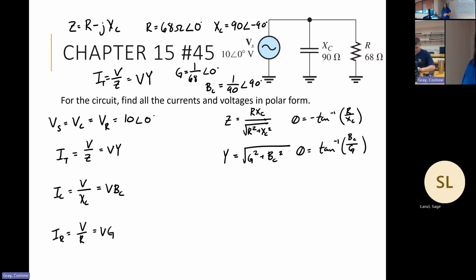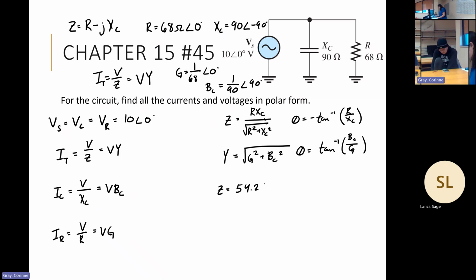Again, we have all the information we need for both. Out of curiosity, which one do you want to use? How many of you want to use Z? All right, we are using Z. To find Z, I'm going to assume you can plug in the numbers. R is given, XC is given. So we will have 54.255 with an angle of negative 37.073 degrees.